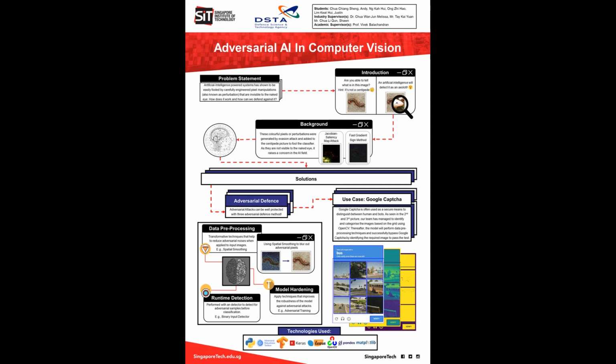To produce these images, adversaries are able to use methods known as evasion attacks that can be seen in the background section. Two of the commonly used evasion attacks are the Jacobian saliency map attack and the fast gradient sign method attack.